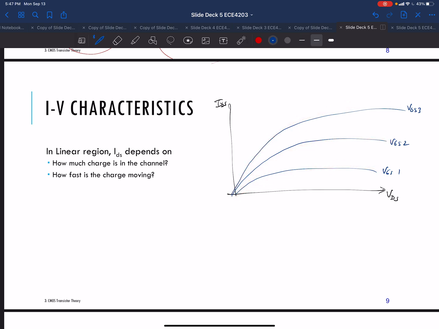Basically, current has really two parameters that we need to calculate. If you look at the current, it's basically charge and how fast the charge is traveling. So how fast is the charge going across from the drain to source?